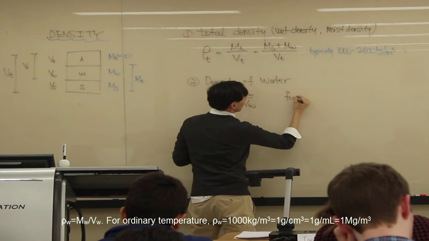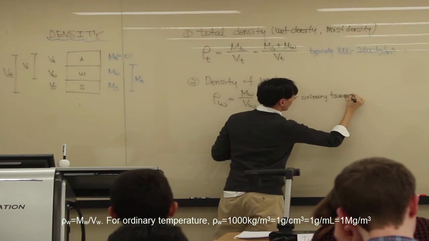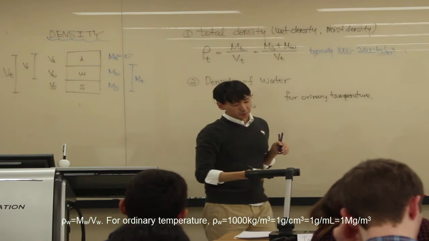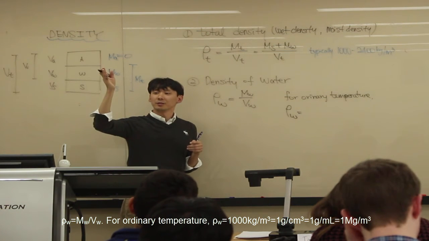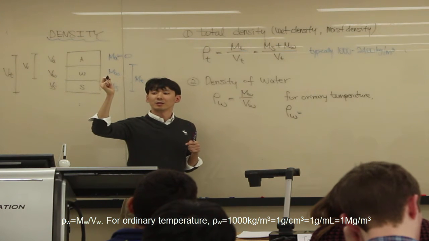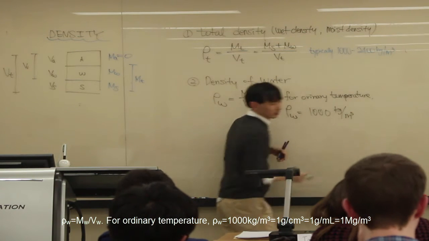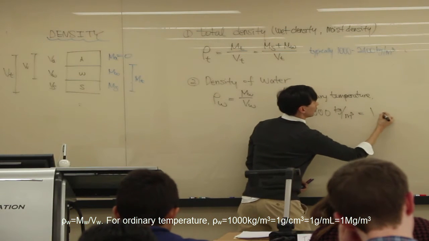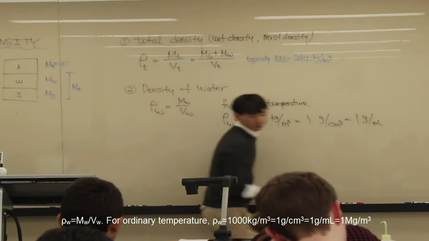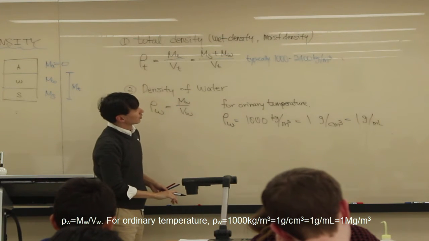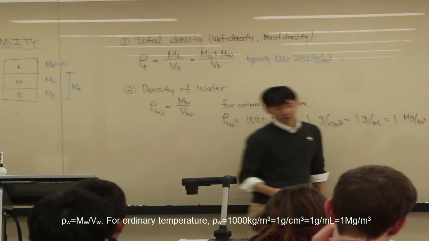For ordinary temperature, what's the density of the water? Rho W is just 1,000 kilograms per cubic meter, or 1 gram per cubic centimeter, or 1 gram per milliliter, or 1 megagram per cubic meter.